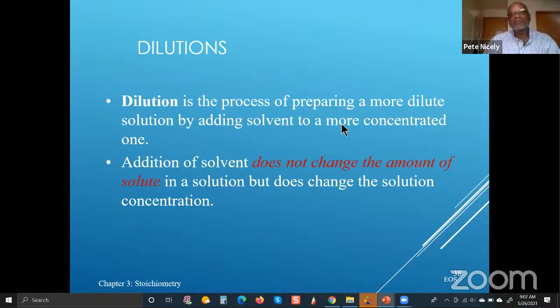This is something that is routinely done in labs all over, not only in chemistry labs, but other labs where solutions are used. Very often an experiment would call for a solution of a particular concentration, which we may not have at hand, but we can have a more concentrated solution, and therefore we can dilute it to the level that we need in order to conduct the experiment.